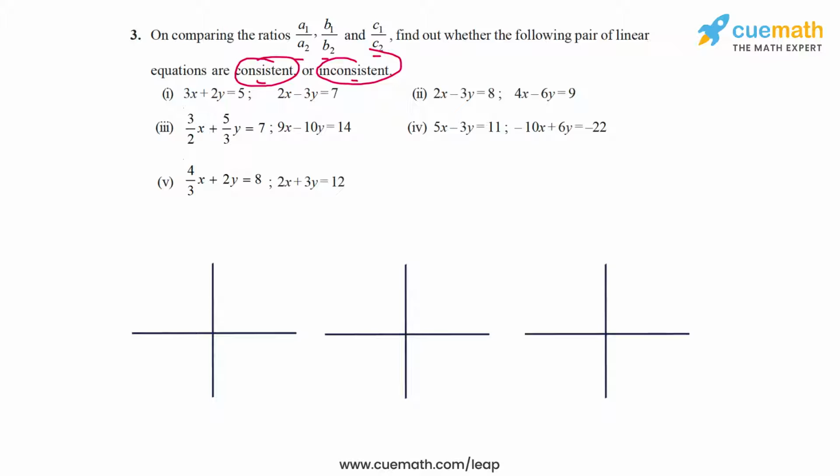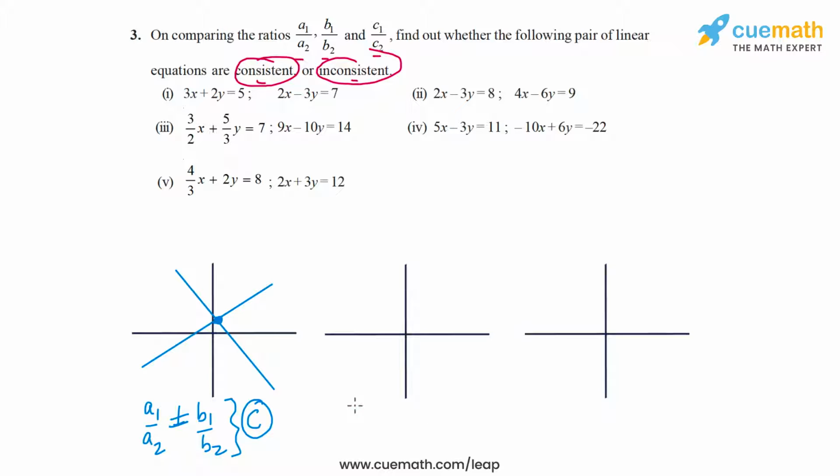The first possibility is that a1 by a2 is not equal to b1 by b2, and in this case the two lines representing the pair of linear equations will be intersecting lines, which means that they will have exactly one unique solution. So when a1 by a2 is not equal to b1 by b2, the system will be consistent. It will have exactly one solution.